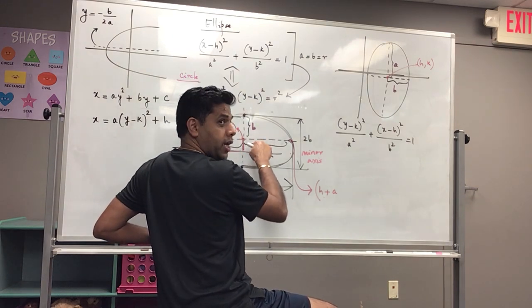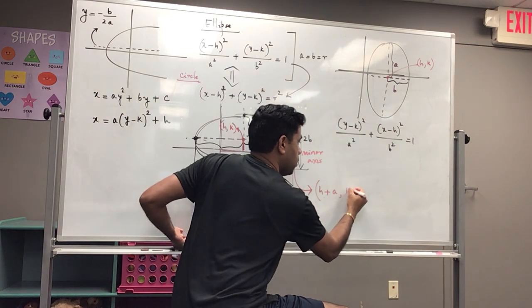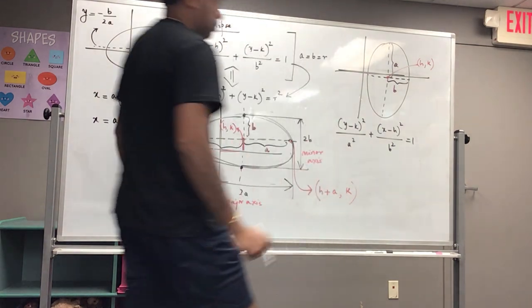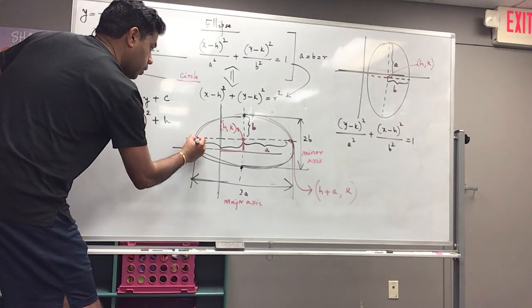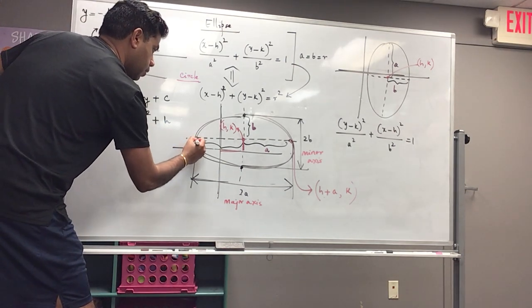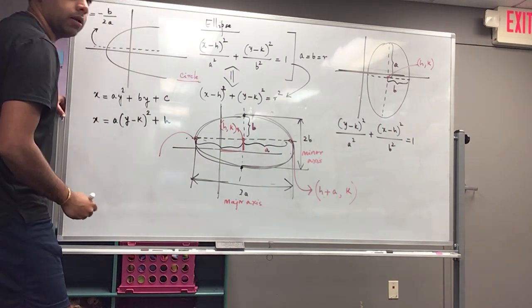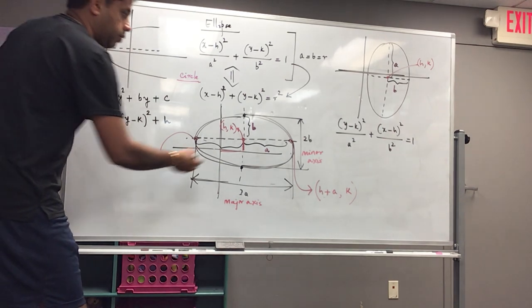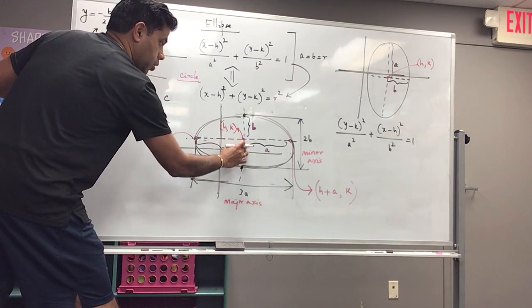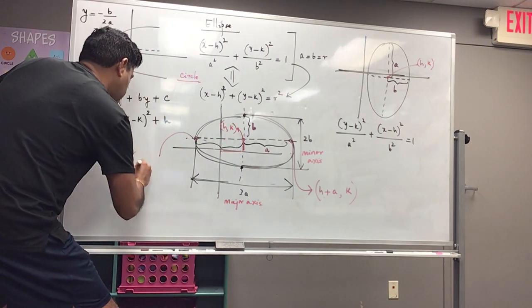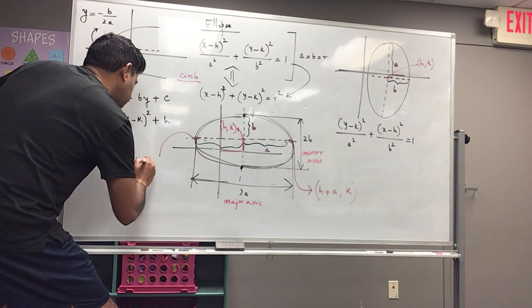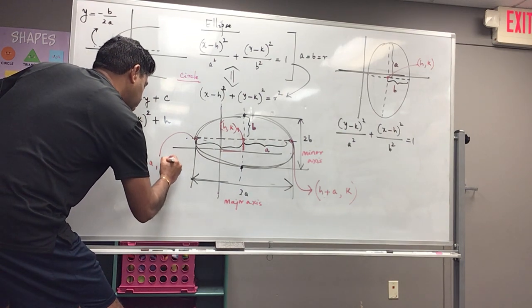Has the Y distance changed? No. So what should be this one then? If this is H, it'll be H minus A. Am I right? H minus A. And the K has not changed.